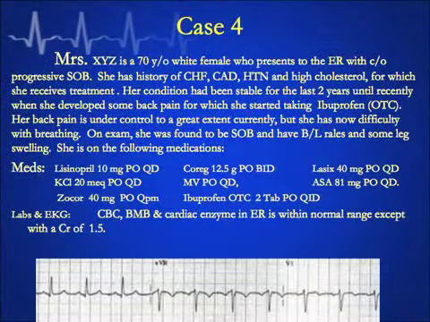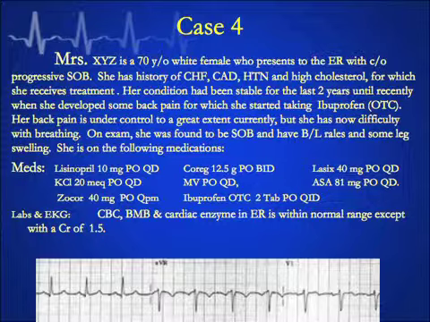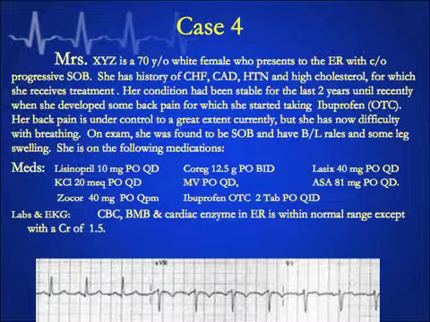Okay, this is a white female who presented to the ER with a complaint of progressive shortness of breath. She has a history of CHF, CAD, hypertension. She had some back pain, and she started taking some over-the-counter ibuprofen, which helped her back pain, but it caused the exacerbation of CHF.